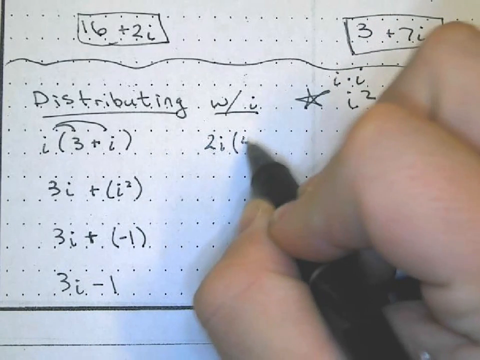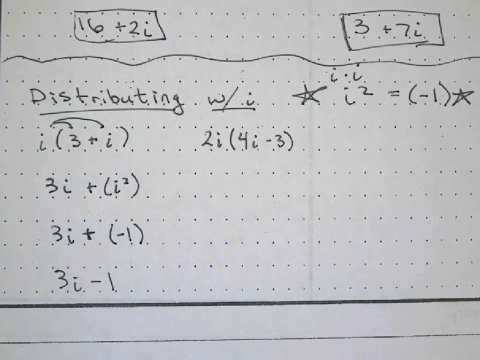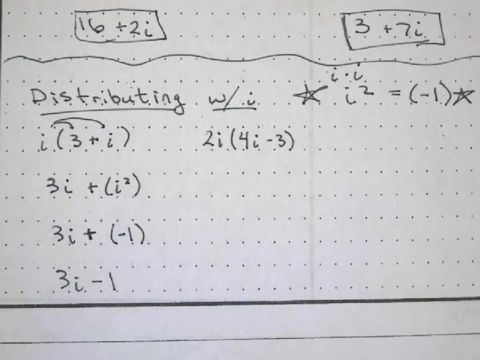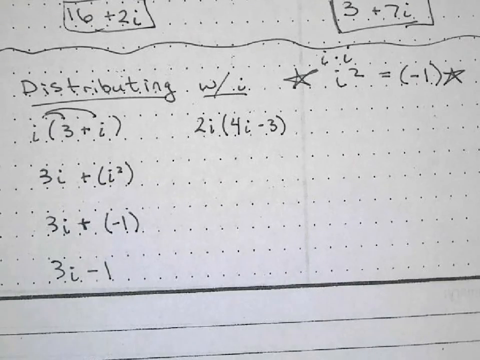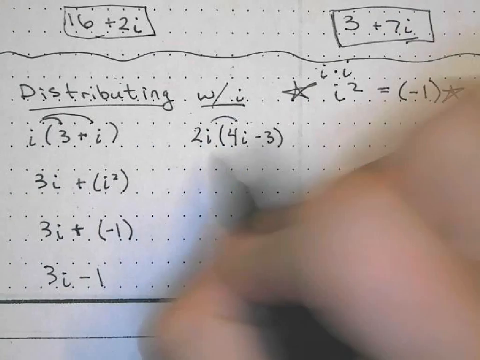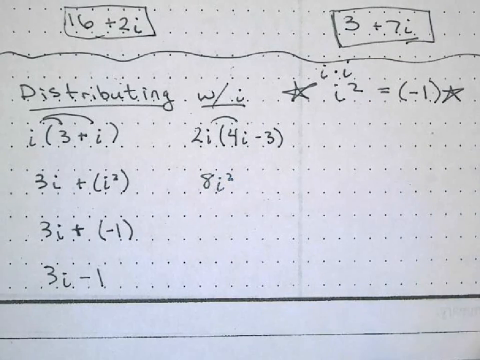An example like this. I'll distribute my 2i to the 4i, so 2i times 4i would be 8i squared.